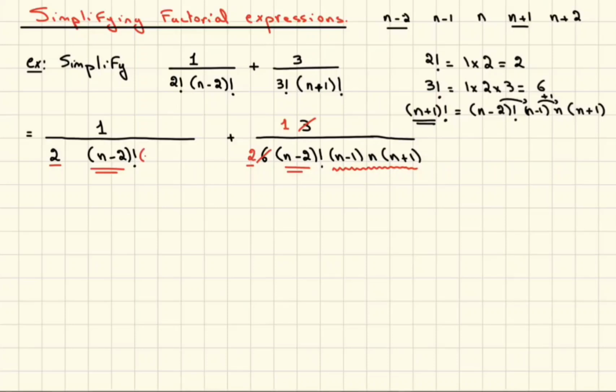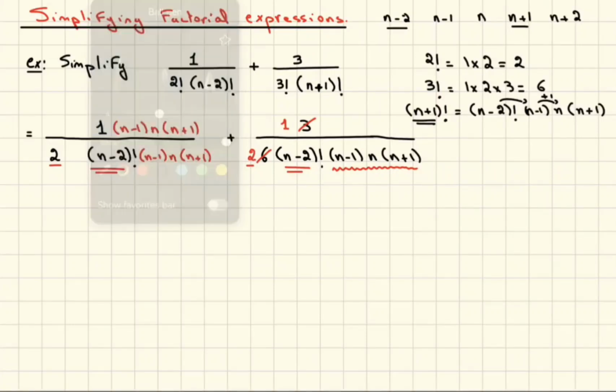So what we need to do is multiply by n minus 1 here. We multiply also by n and by n plus 1. If you multiply the bottom of a fraction by a number, you must multiply the upper part also. So when you multiply the denominator by something, you need to multiply the numerator by the same thing. So I multiply the top by n minus 1, by n, and by n plus 1.